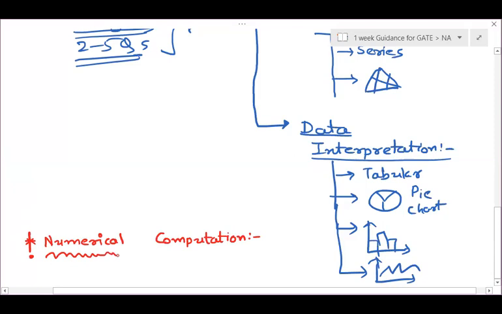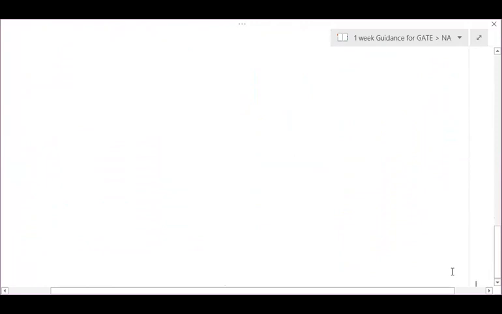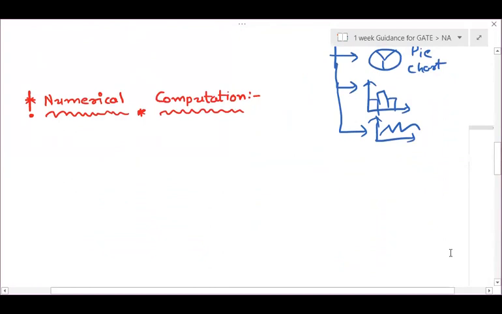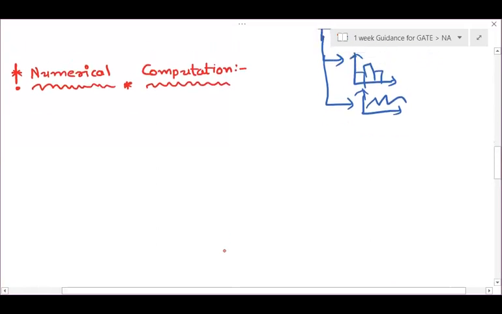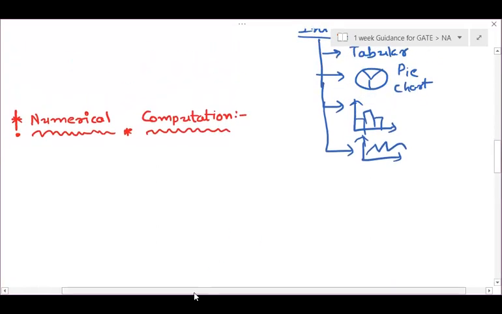Numerical computation. Okay, great. Now see over here.